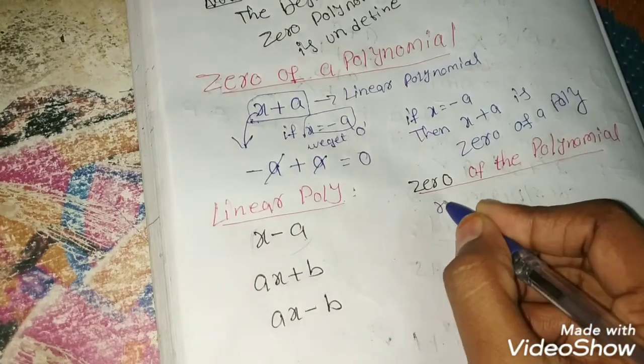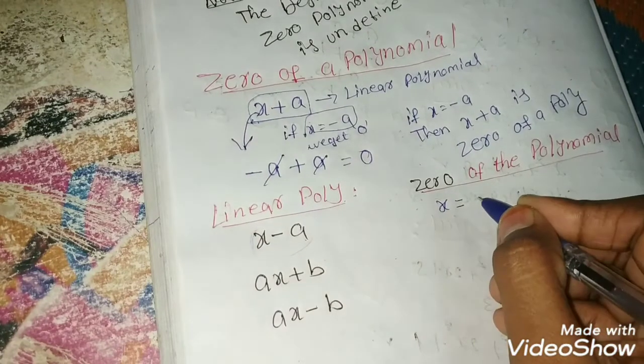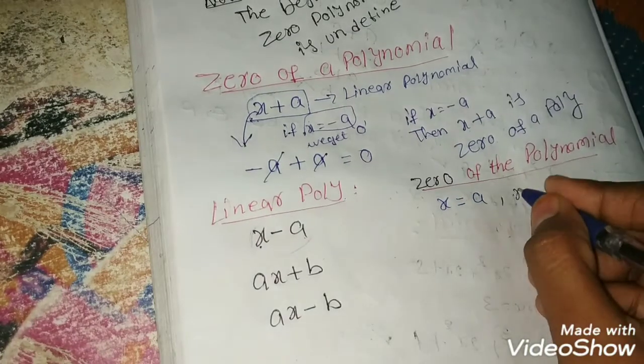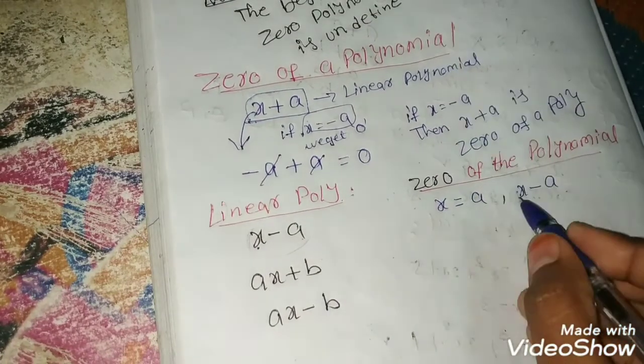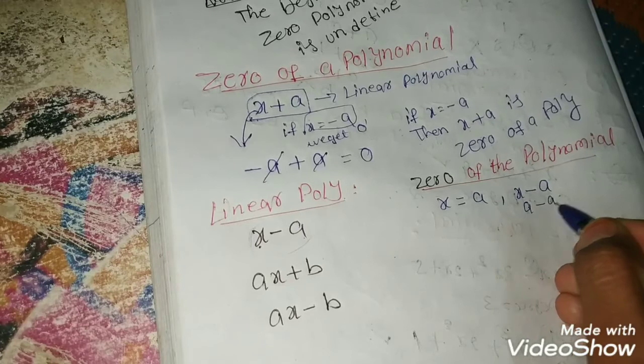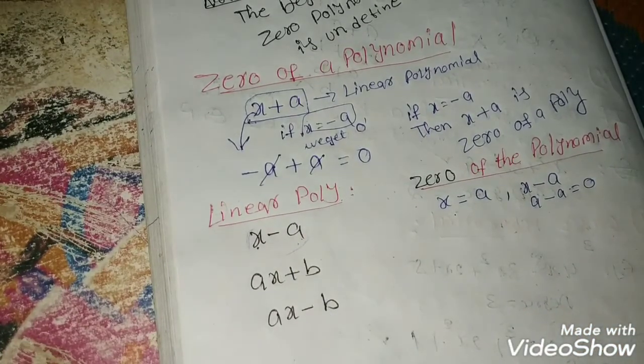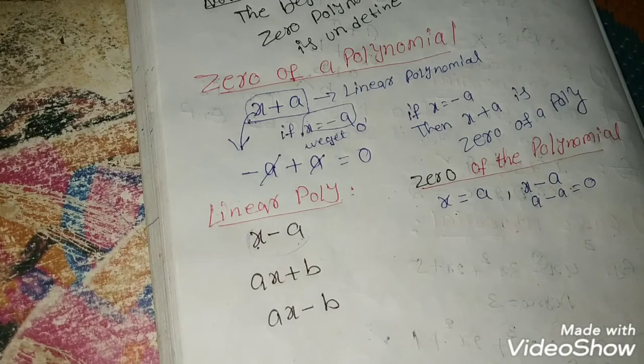If you put the x value as a, then this value becomes 0. How? We have x minus a; if you put x as a, a minus a is 0. Then x minus a has zero at x equal to a.